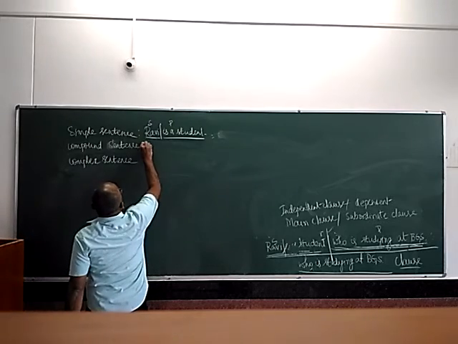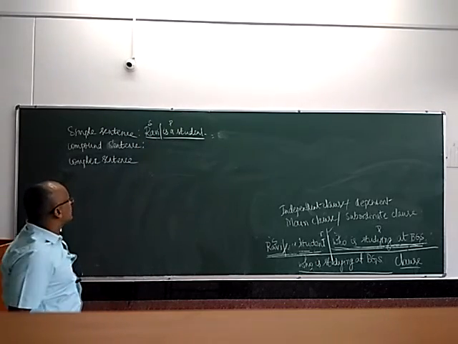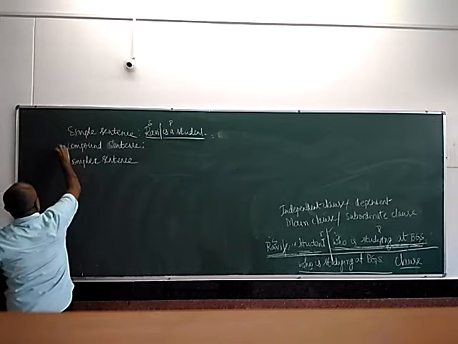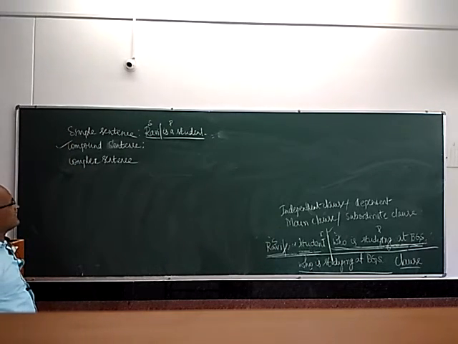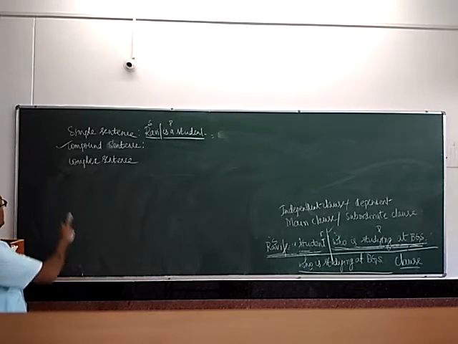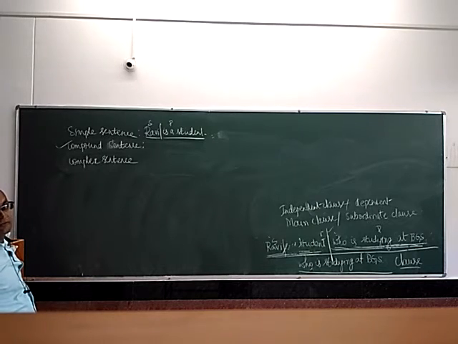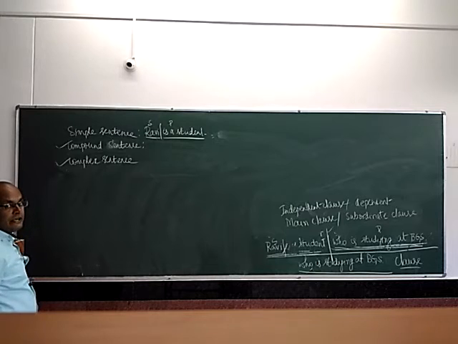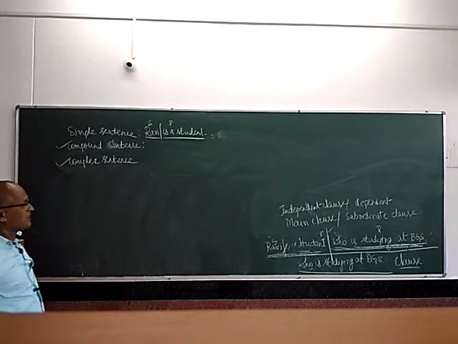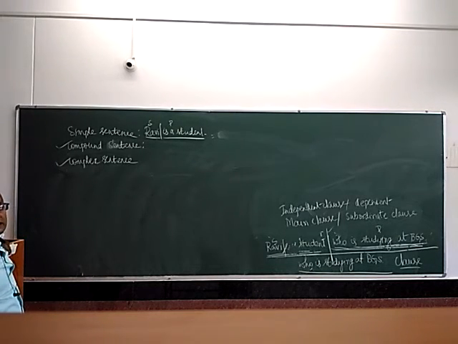Now we shall understand what a compound sentence is. If there are two main clauses in a sentence, then it is called a compound sentence. If there is one independent clause and one dependent clause, that is, a subordinate clause, then it is a complex sentence.